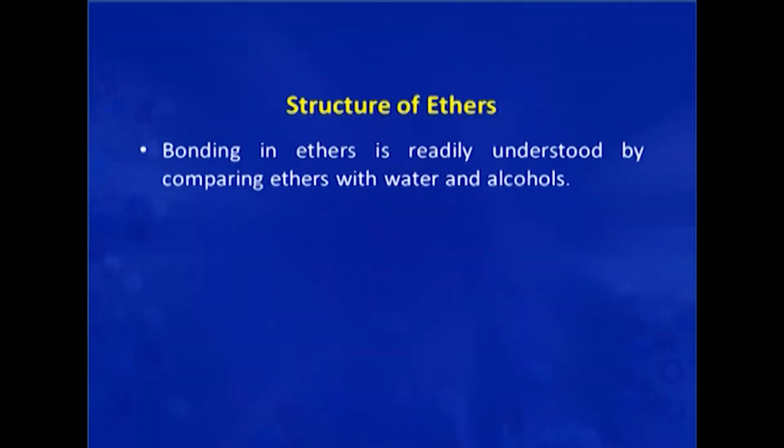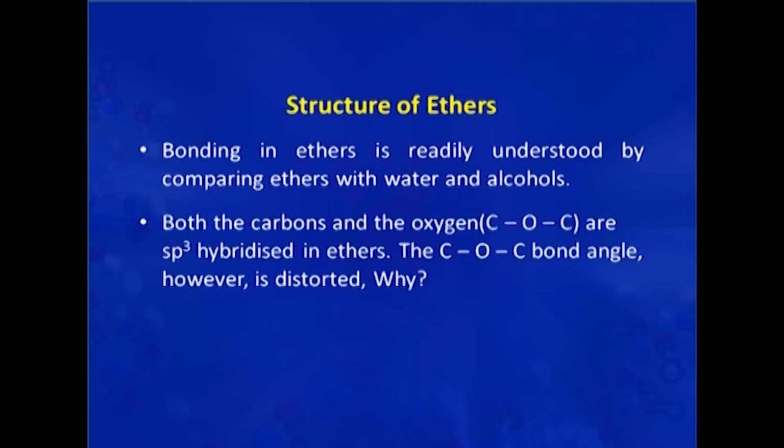We will now discuss the structure of ethers with respect to the hybridization in individual carbon and oxygen atoms. Here you can see the general formula of ether with the COC bond angle. All three atoms, both carbons and the oxygen, are sp3 hybridized.